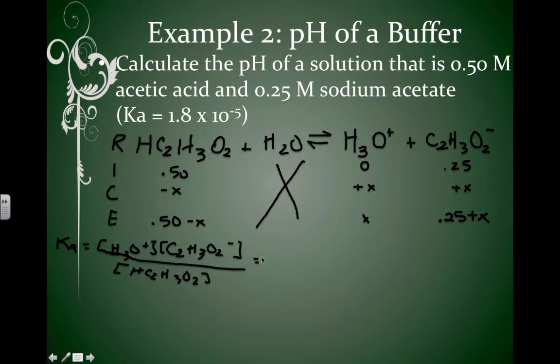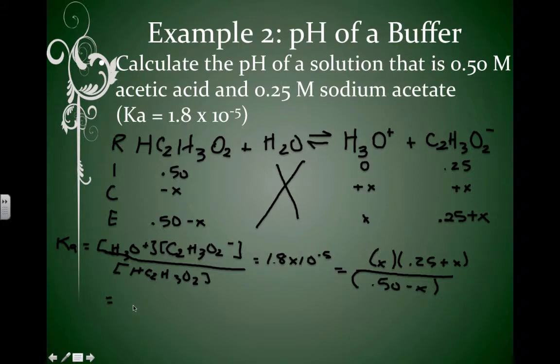And that's equal to our Ka of 1.8 times 10 to the negative 5. So we could use the small x assumption in solving this problem. So we would have x times 0.25 plus x, which is essentially just 0.25, all over 0.50 minus x, and again, with the small x assumption, we could just call that 0.5.